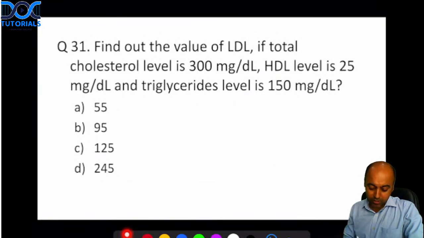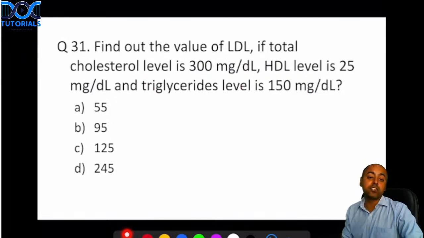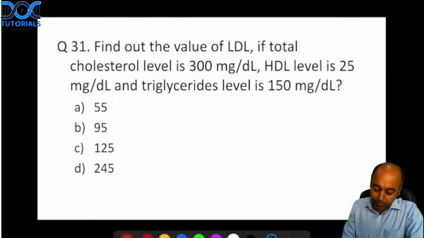Okay, question number 31. Find out the value of LDL if total cholesterol value is 300 mg per deciliter, HDL level is 25 mg per deciliter, triglyceride level is blah blah blah. So here what you have to keep in mind is the Friedewald's formula.